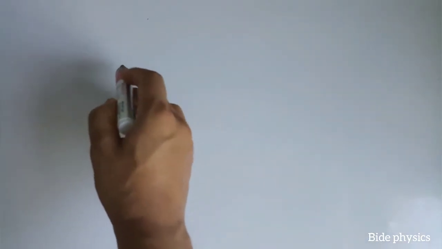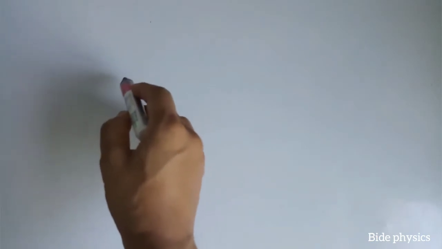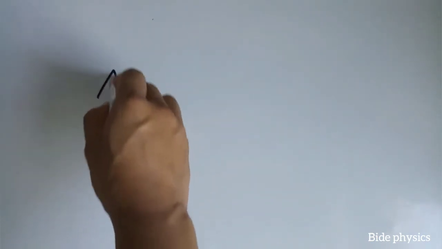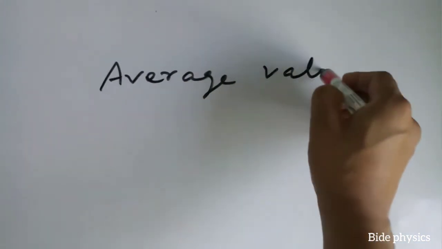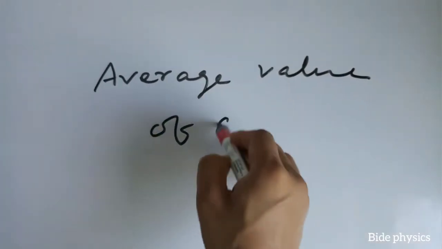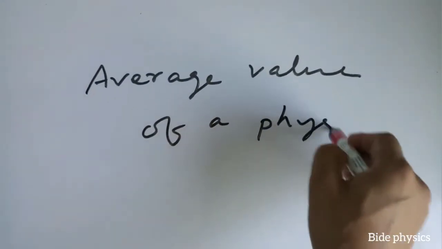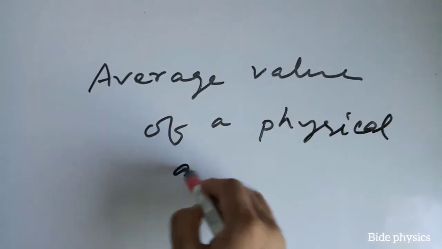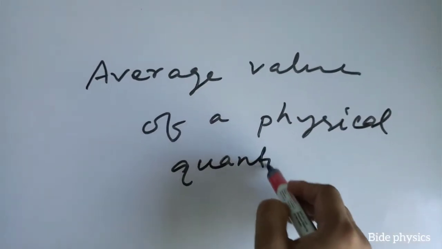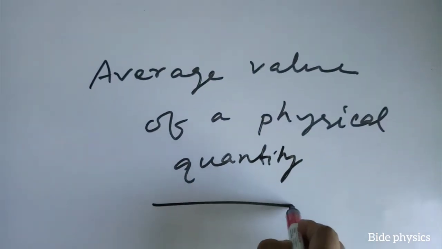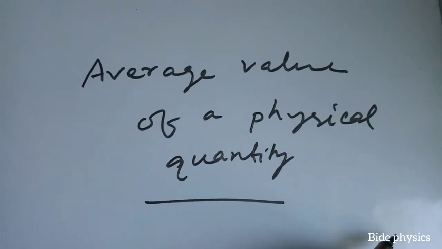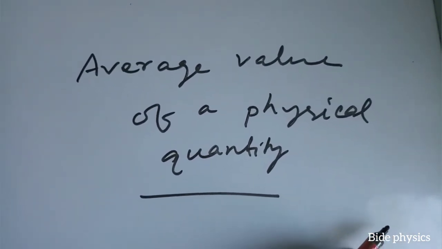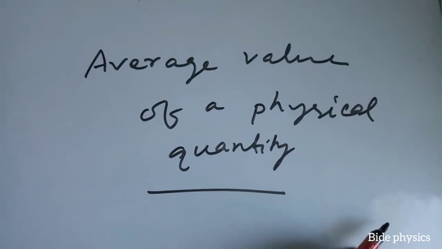Okay, let's come to the word expectation value. Expectation value actually denotes the average value of a physical quantity. So how can we represent this expectation value of an observable?